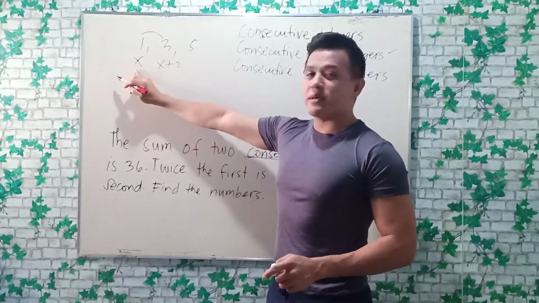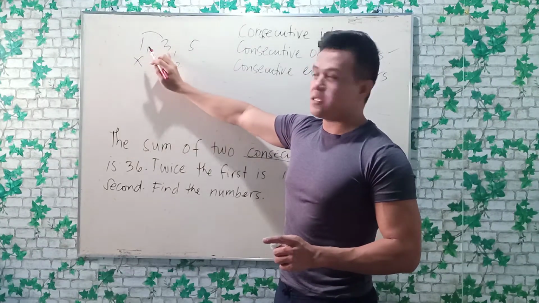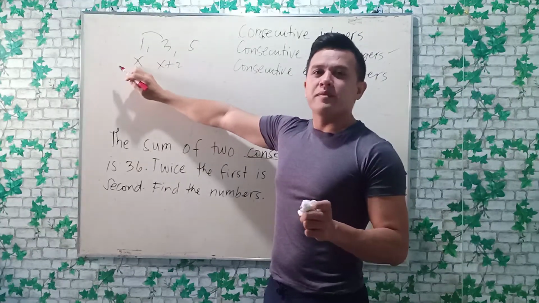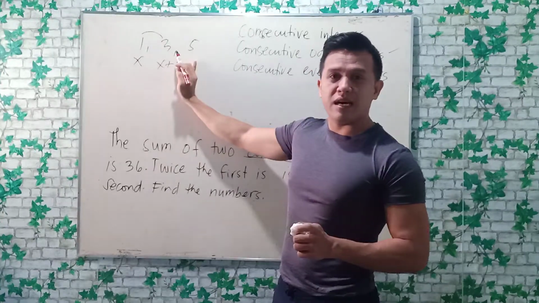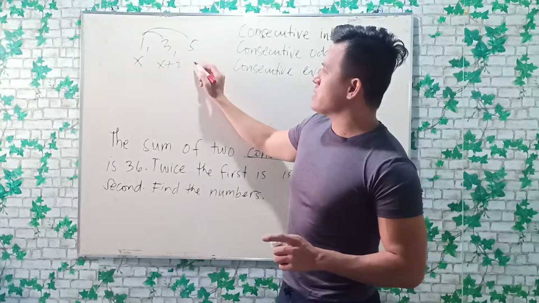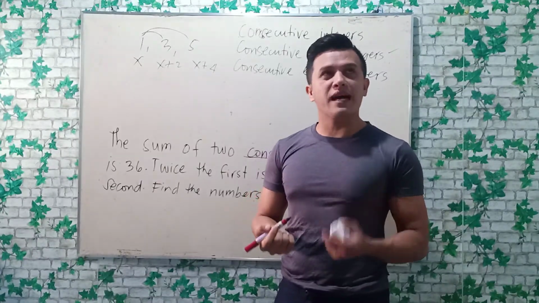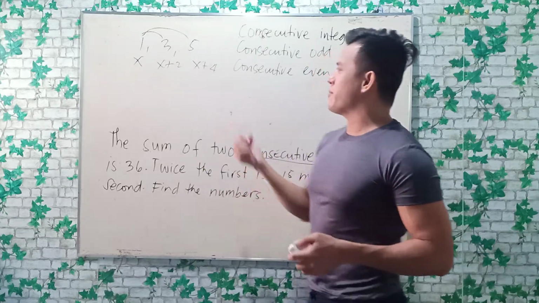Our x here represents the first integer, which is 1. So, 1 plus 2 is 3. So, if the first integer is x, then x plus 2 is the second odd integer. With respect to 1, 5 is 4 greater than it, so we have x plus 4. That's how you're going to represent this type of keyword.